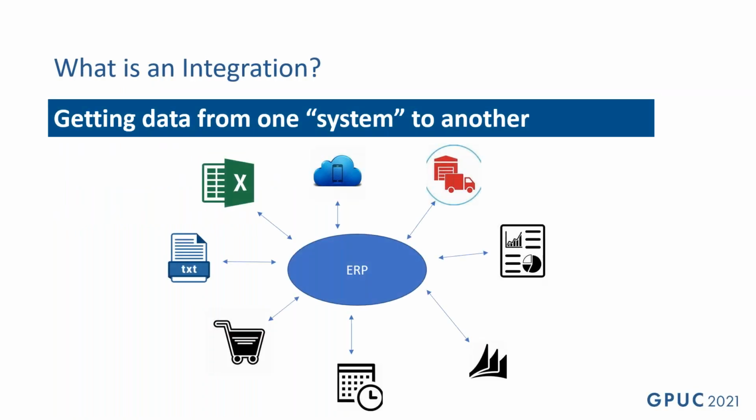So, understanding what is an integration. Typically in this context, we are sitting with Microsoft Dynamics GP or BC or some other ERP as the hub of our organization. And throughout the organization, there are many other sources of information that would be helpful if it was, let's use the word, imported into our ERP system.